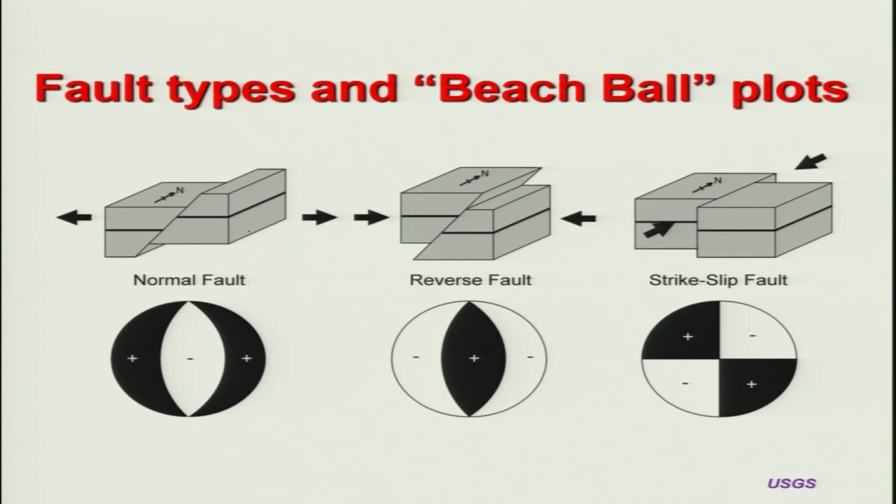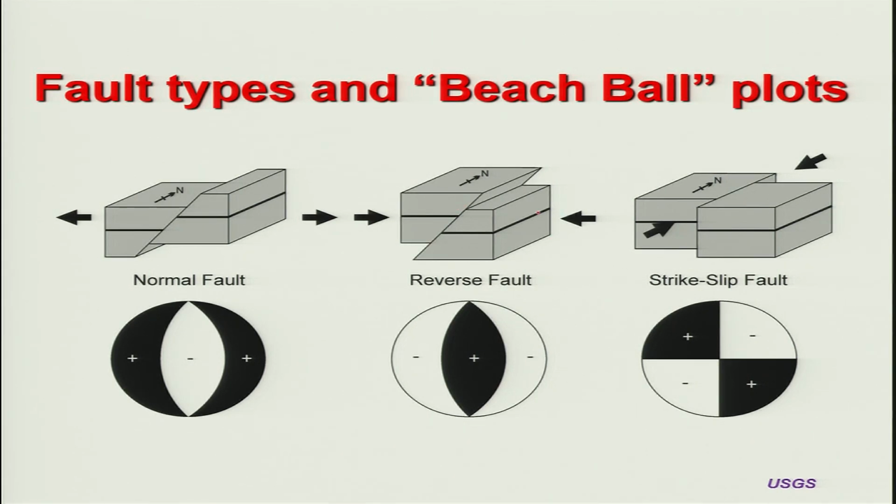In this case, what we see is an extension when the hanging wall on the left hand side moves down along the inclined fault plane, and in case of the reverse fault, the hanging wall moves up along the inclined fault plane.